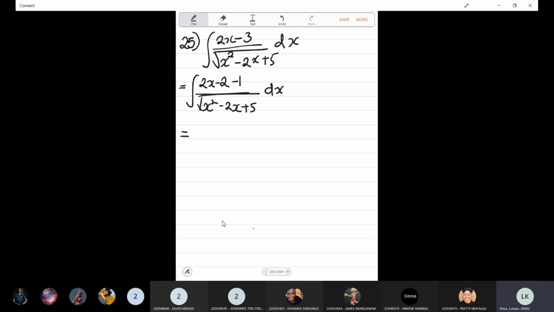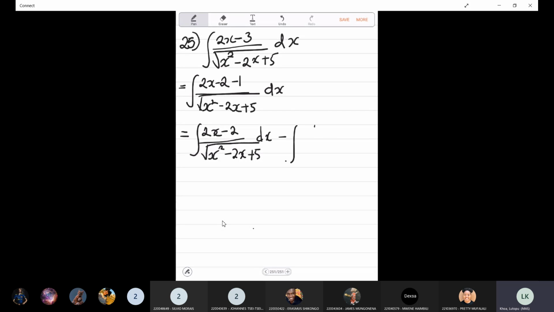Okay, so I have the integral of 2x minus 2 over the square root of x squared minus 2x plus 5. That's the first part of the way that I split it.